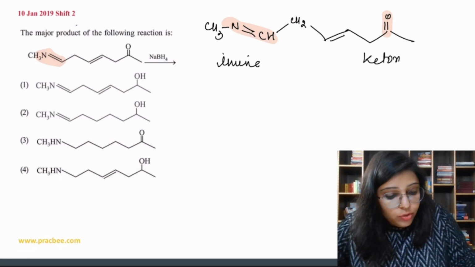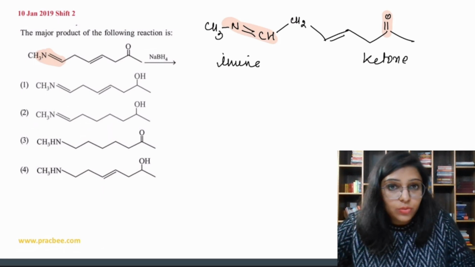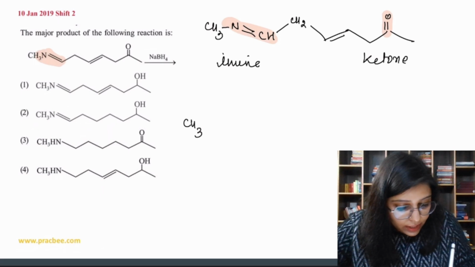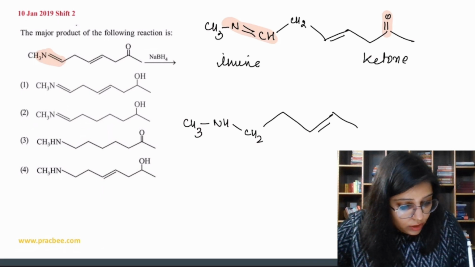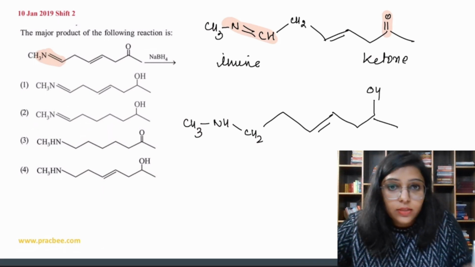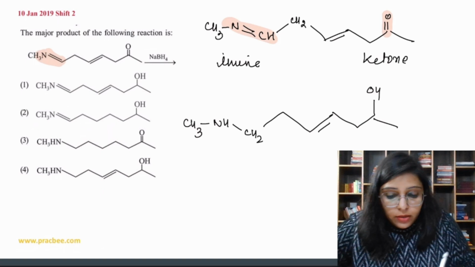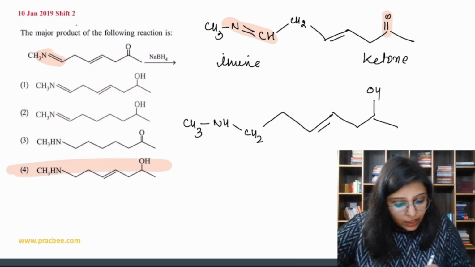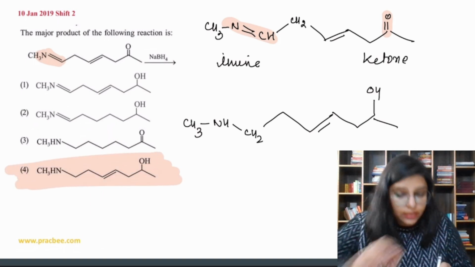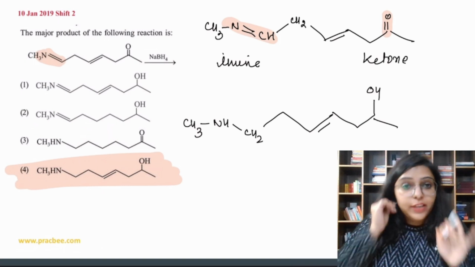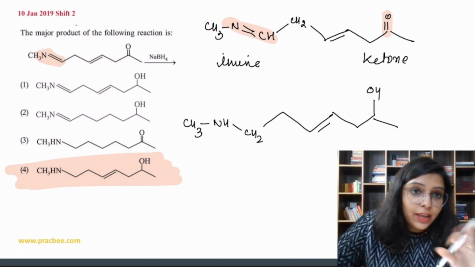NaBH4 reduces imine to amine and ketone to alcohol. So we get CH3 NH CH2 then CH2, this double bond and OH, and this. Clear? So on the basis of that, we have option number 4 as the correct answer. Completely based on the functions of the reagent, nothing else.